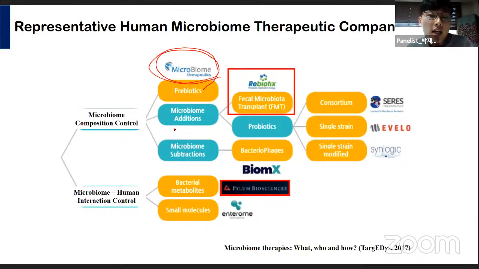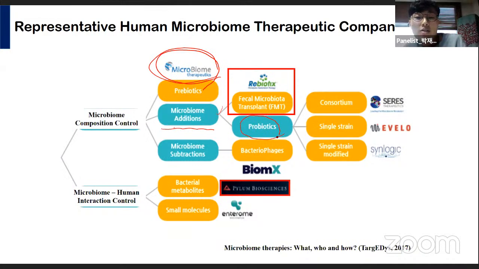But we can actually add the microbiome itself, which is called probiotics. And it can be either introduced by drugs, or by directly transplanting fecal matter from normal persons to the patients, so that the probiotics can deal with the symptoms we want to target.